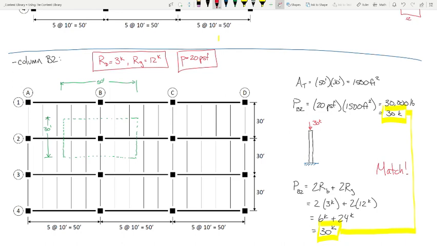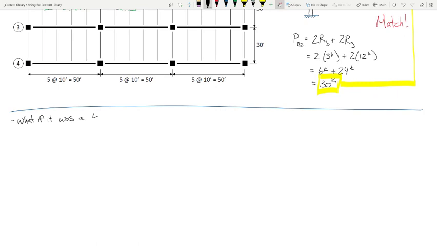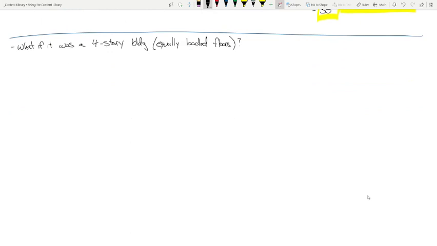What if we had a 4-story building, okay? So let me show you what that would look like, okay? All right, so let's say we had a 4-story building, and let's just assume for simplicity that all the floors are the same.